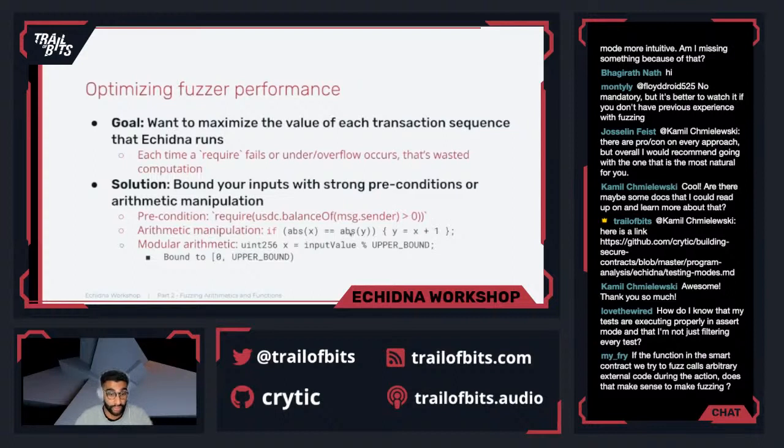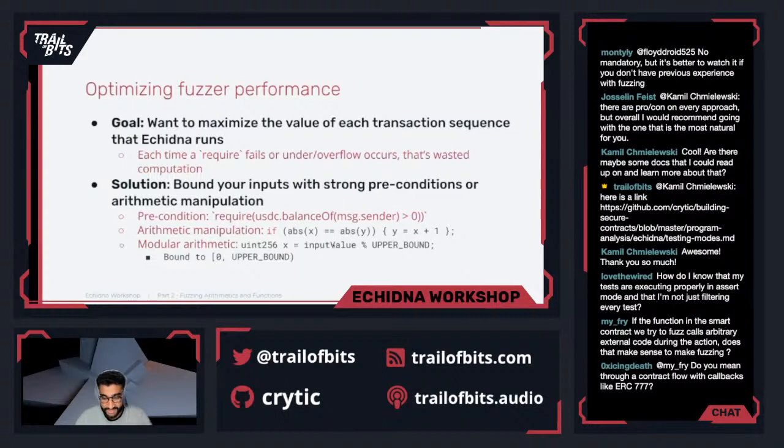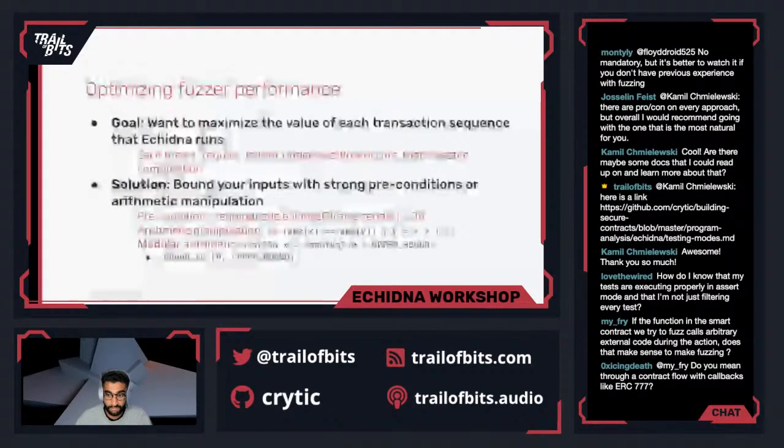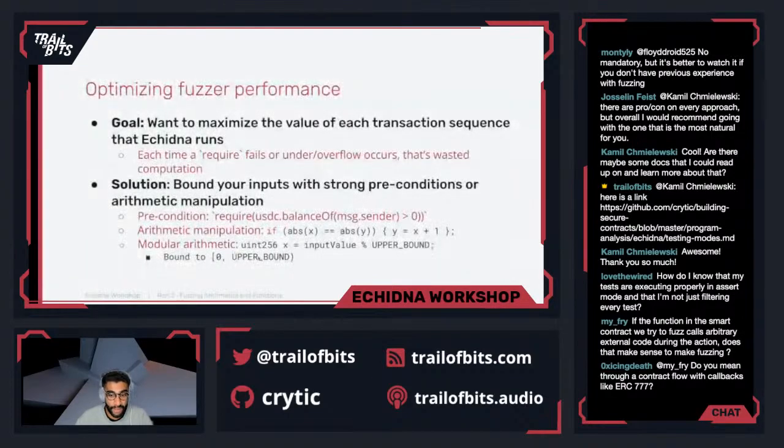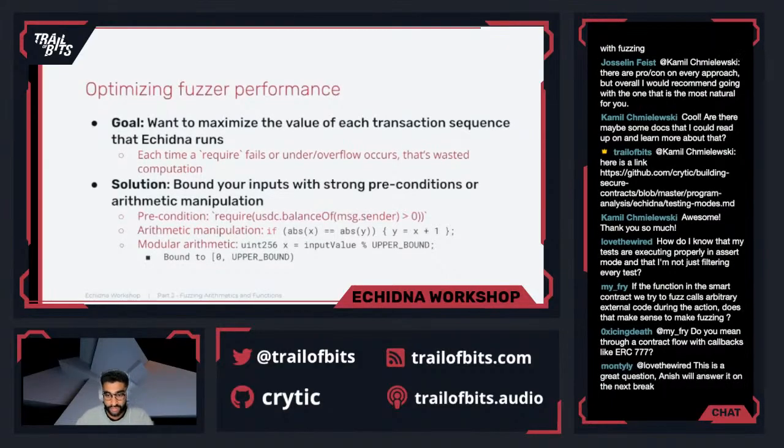I could also use modular arithmetic, and we'll see this kind of example in the second section of this workshop, where if I do input value mod upper bound, the output range of a modular operation is 0 inclusive and upper bound non-inclusive. And so you can use this to access arrays. You can use this to bound token transfer amounts. For example, if I'm testing the transfer function, I don't want to try to transfer more than the user has.